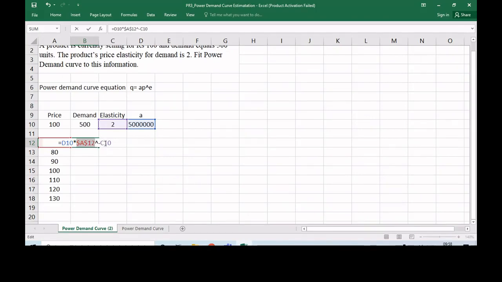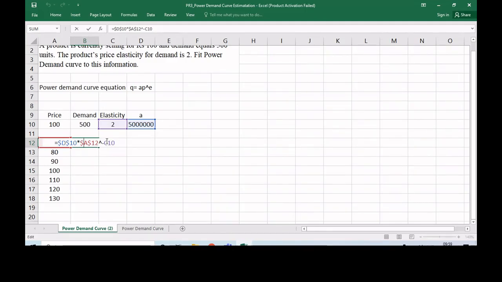Similarly, for the value of A, that is D10, I am making it absolute, so $D$10. Just pay attention here. When I use the dollar sign, I am freezing that cell. So it is the absolute formula, and whenever I copy it to any other cell, the cell address won't change.